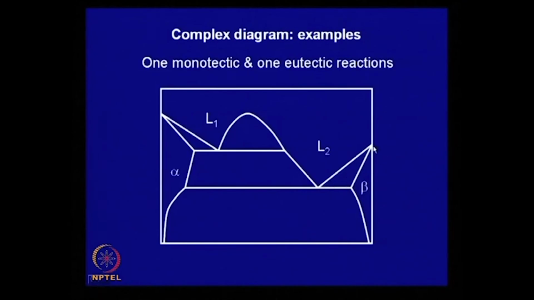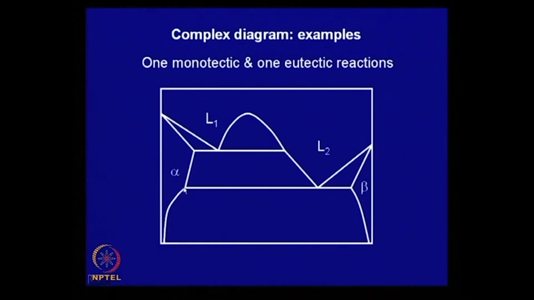Similarly, what is the solidus line? So, this part is solid, but here it is not solid. So, this is the solidus. Here this is the isotherm, this is a solidus line.